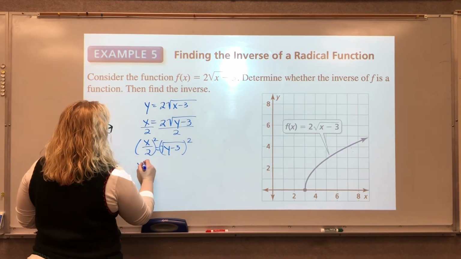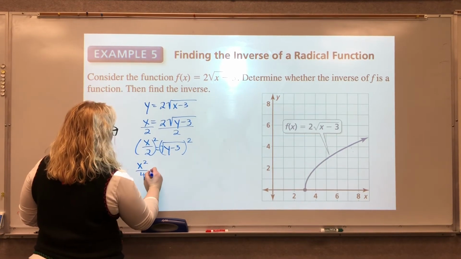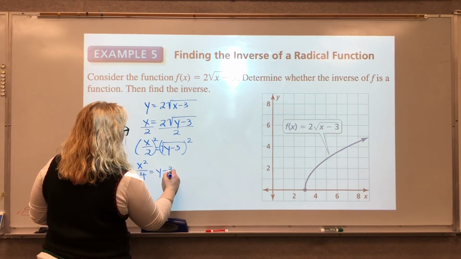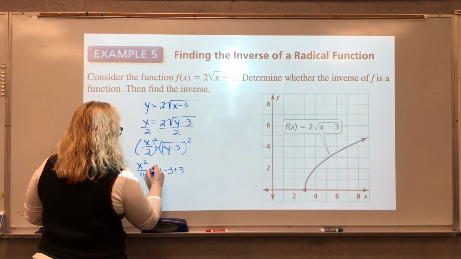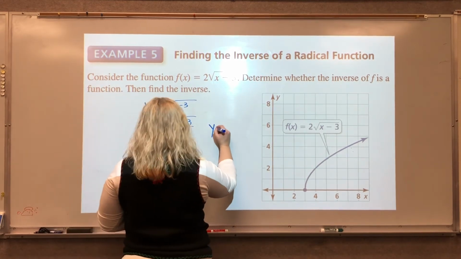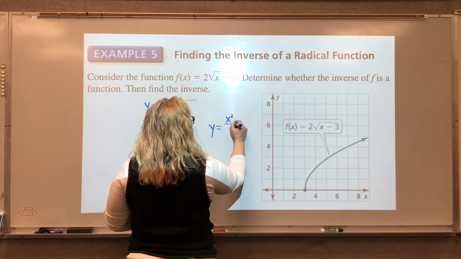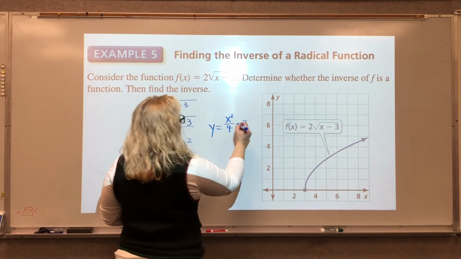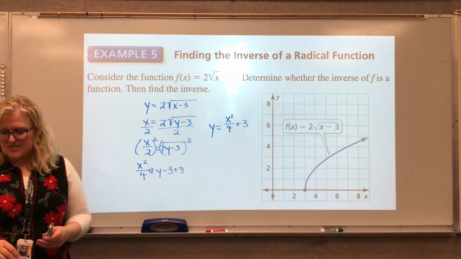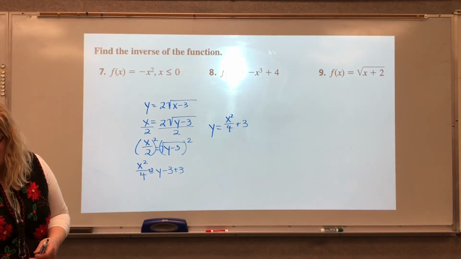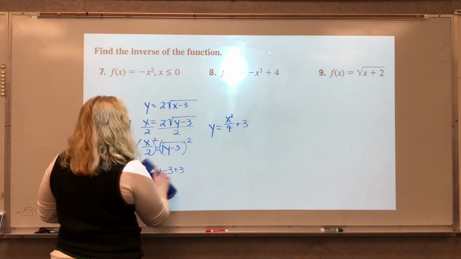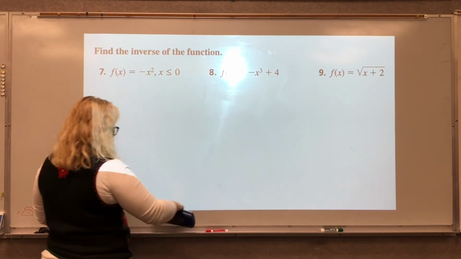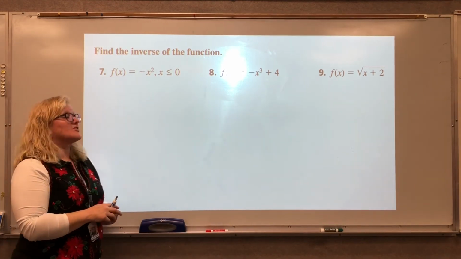So I have x squared over 4 equals y minus 3. And I'm going to add 3 to both sides. So y equals x squared over 4 plus 3. And that is the inverse function there. All right, so I want you to go ahead and try these, so you can pause your video now.